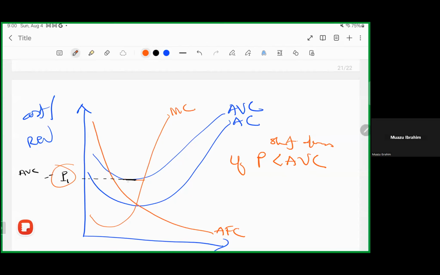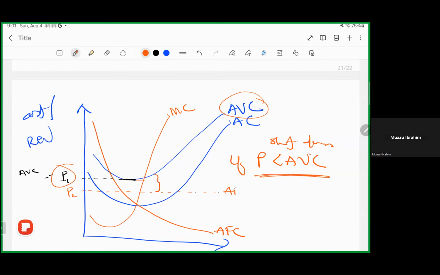Because below P1, what is going to happen? If price is below P1, let's say P2, you are running at a loss, because the average variable cost here is now more than the price, or even more than the average revenue.